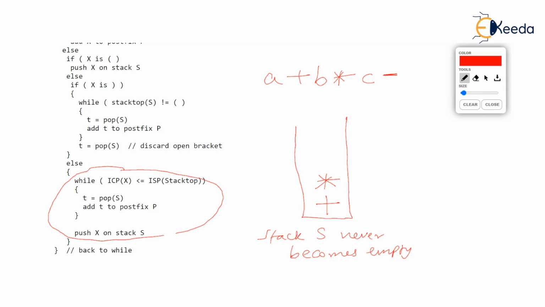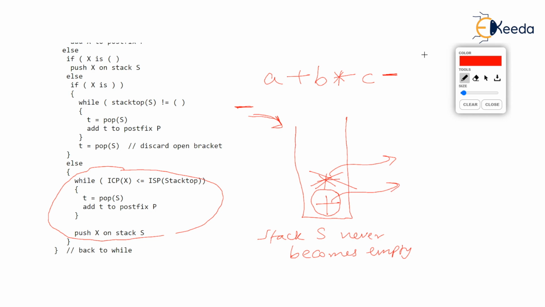Now if minus is coming inside the stack, then all the higher priority operators should be popped, isn't it? So this asterisk will be popped, gone. And then still minus cannot join the stack because the plus operator waiting on the stack has equal priority. Even equal priorities cannot supersede each other. So plus also should be popped.